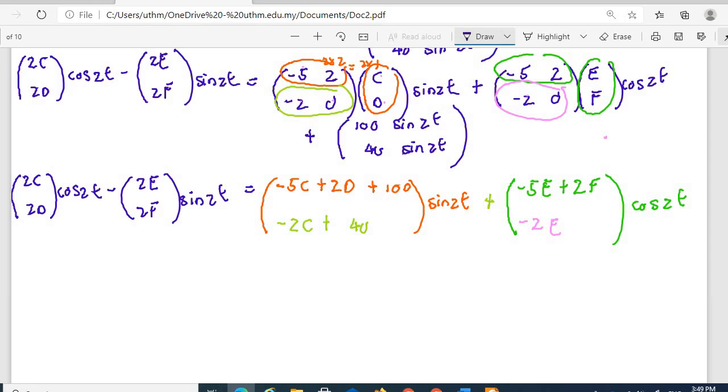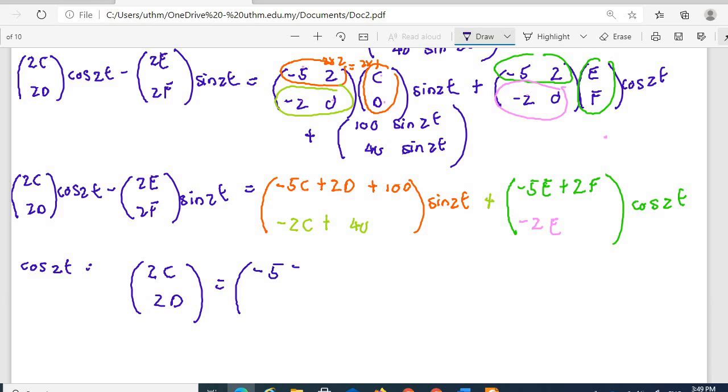So, okay, if I compare the cos 2t terms, we have 2c, 2d, cos 2t, which equals negative 5e plus 2f, and minus 2e.